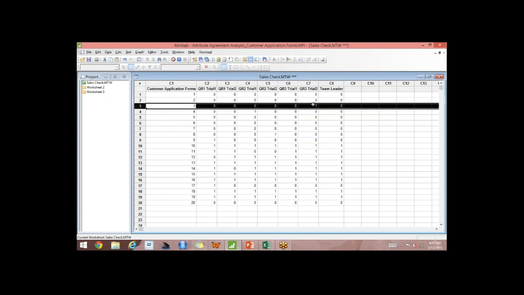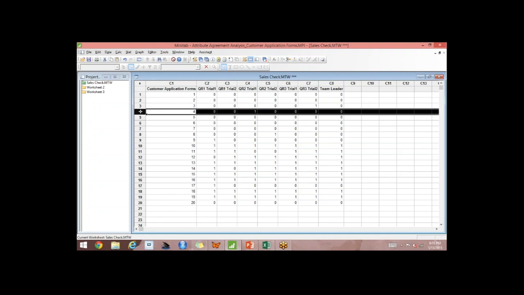However, quality representative 3 in his trial 2 says application form is complete. So there is one mismatch. For this also there is a mismatch here. Quality representative 2 in his trial 1 says customer application form 4 is complete. No one else agrees with that.